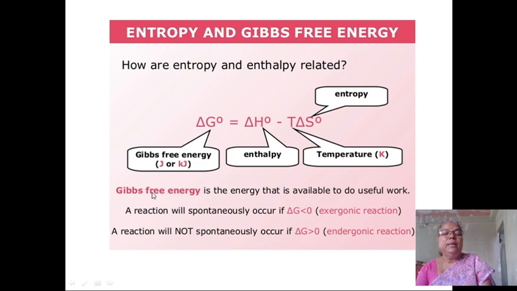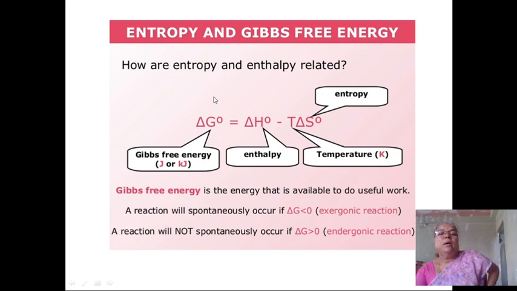In Gibbs free energy, the energy is available to do work. A reaction will occur spontaneously if delta G decreases. That is an exergonic reaction. A reaction will not occur spontaneously where the reaction is endergonic. That means delta G is greater than 0.